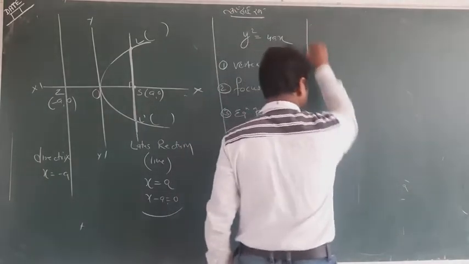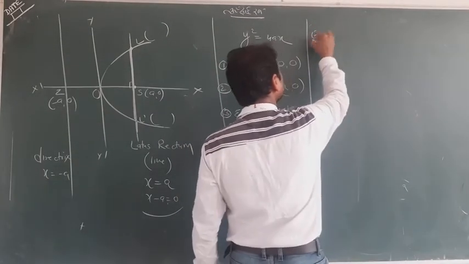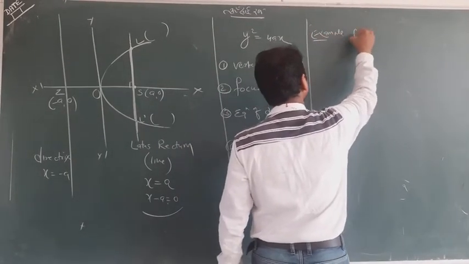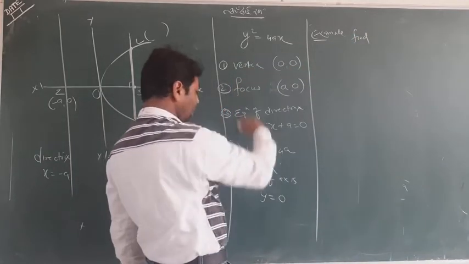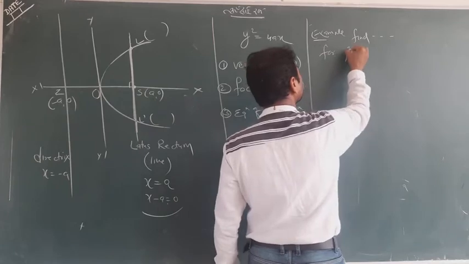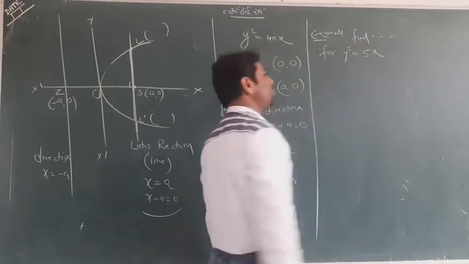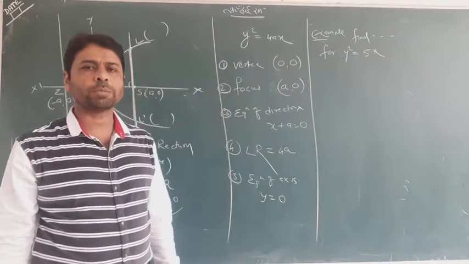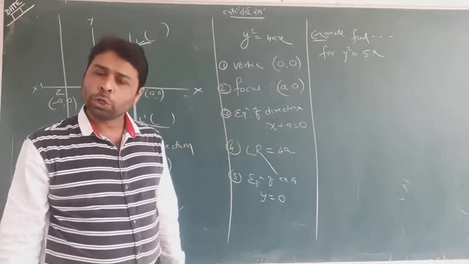Suppose I ask you, for example, find all these five things for y square equals 5x. This is my question. So how will you do it? Don't worry.